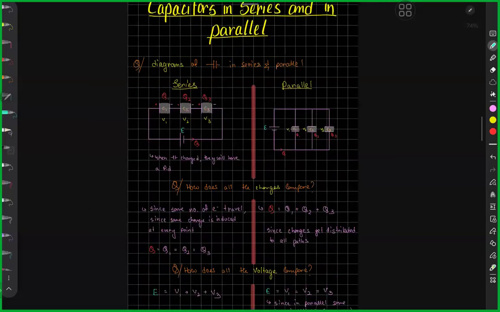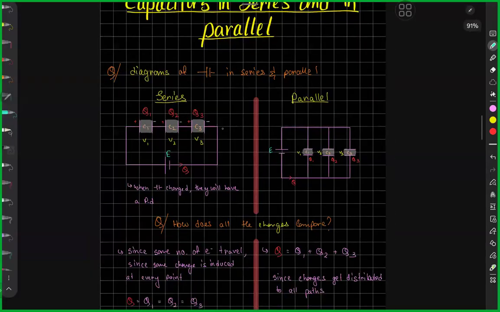Give me a minute. Okay, so let's look at this setup. Setup on the left, setup on the right. What is the setup? Over here I have no resistor involved, because I want the total EMF to be supplied to the capacitors.